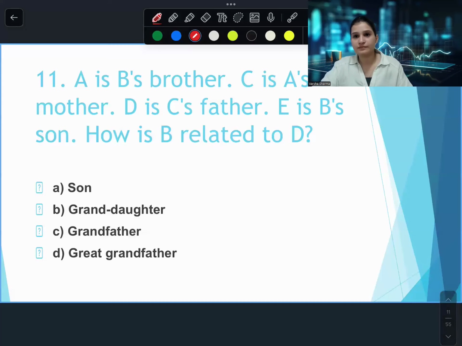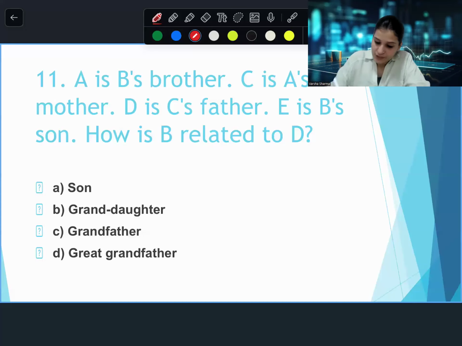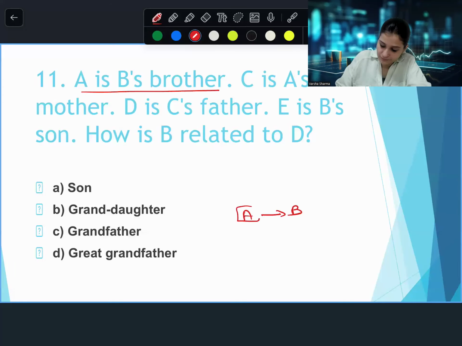11. Granddaughter. A is B's brother. C is A's mother. D is C's father.